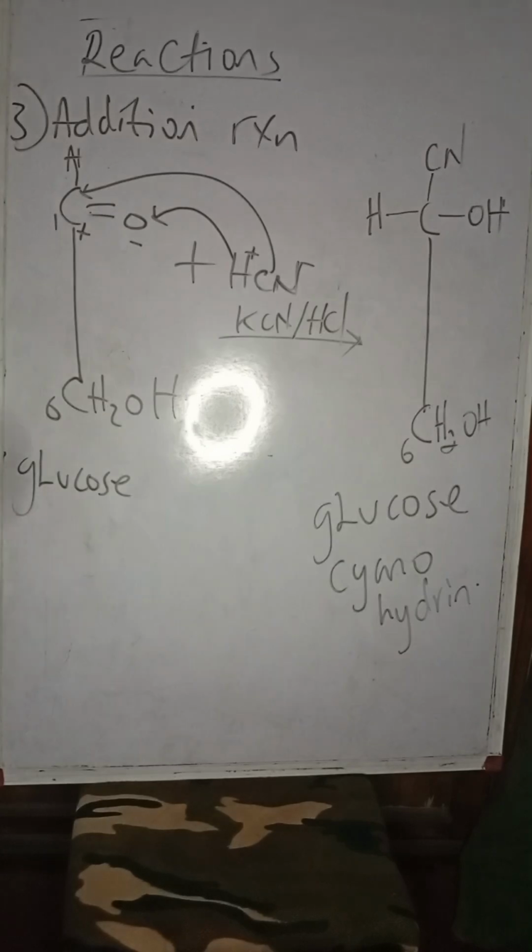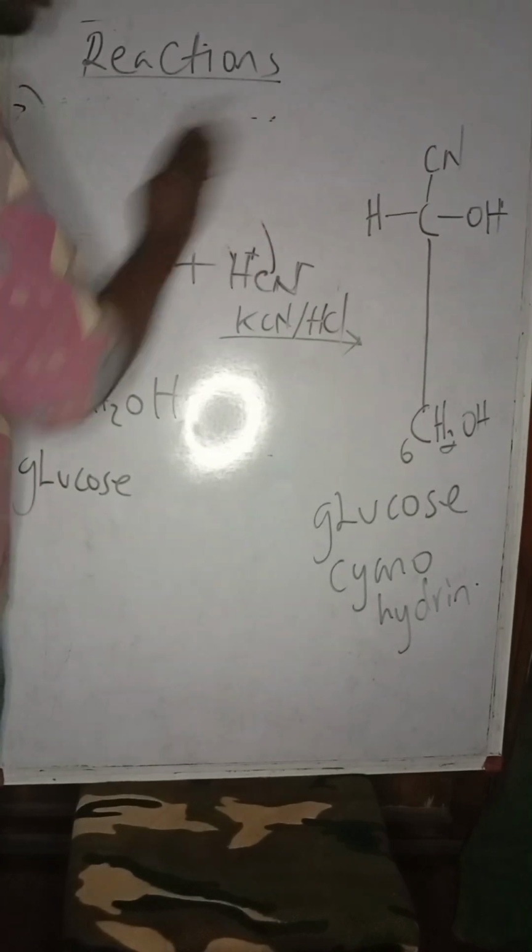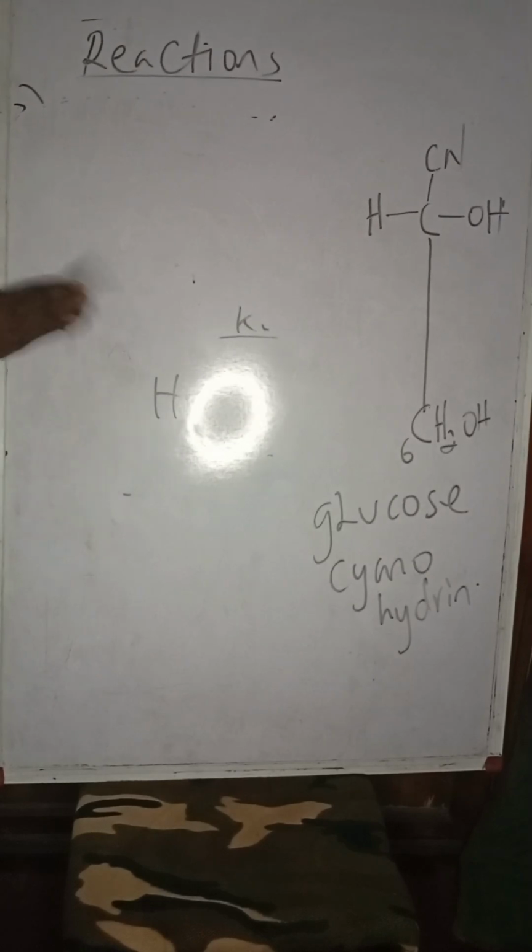That's for addition. So the fourth one I'll quickly look at is fermentation. Yeah, fermentation, very important in industries. So for fermentation, glucose, which is the most common, can be fermented.